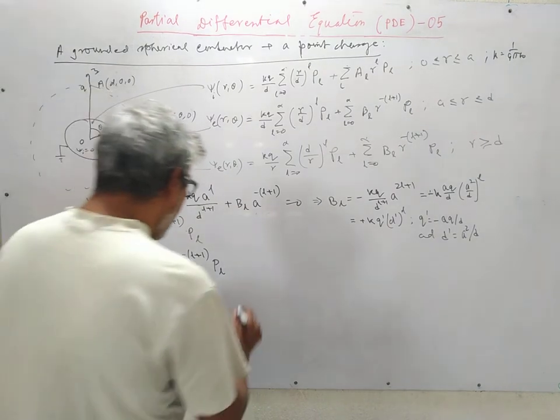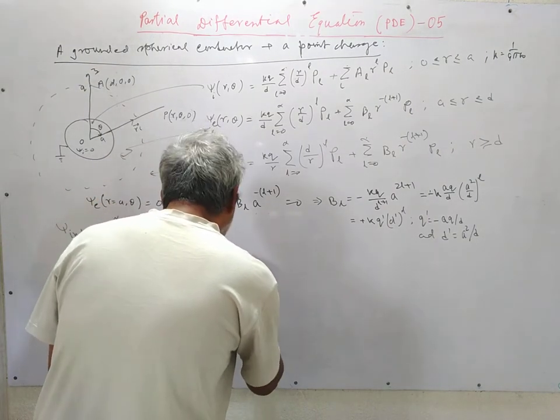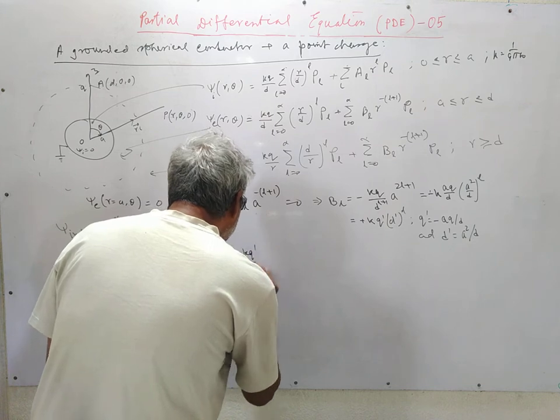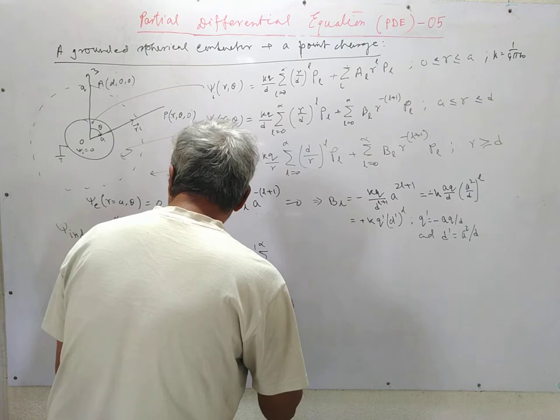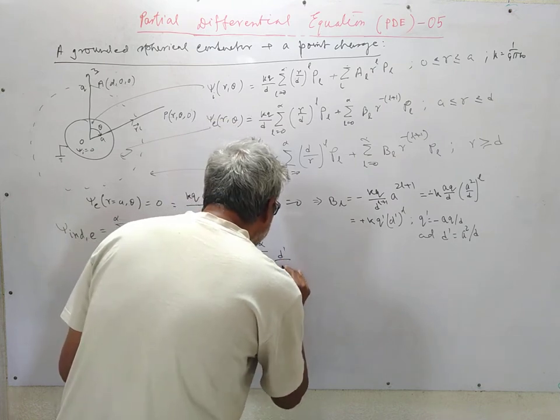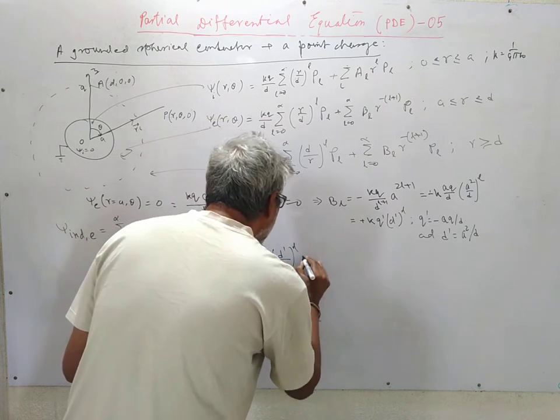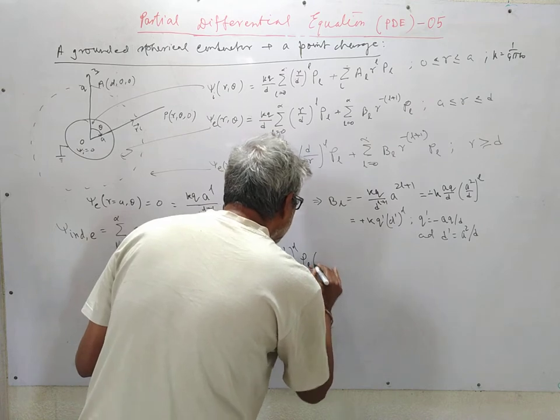This part we write as KQ prime by r summation over L equal to 0 to infinity (d prime by r) to the power L PL of cos theta.